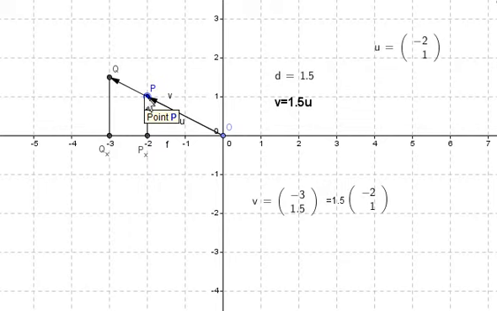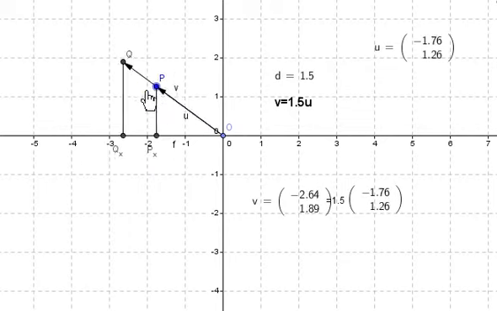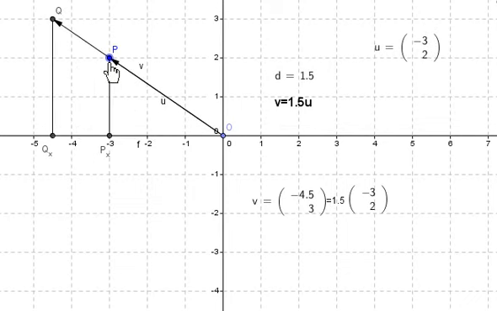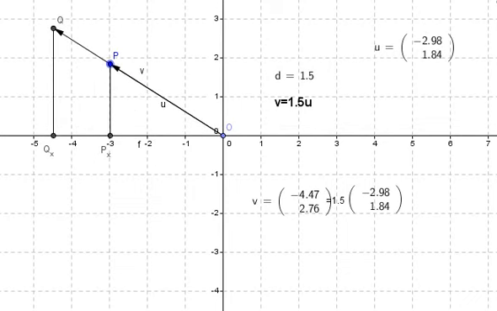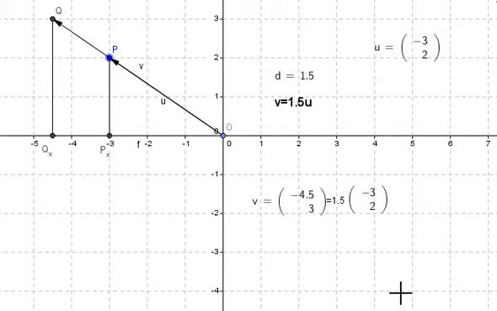Now if I, for example, change this vector to nicer numbers. So here is a vector of coordinates -3 and 2, and I multiply it by 1.5.